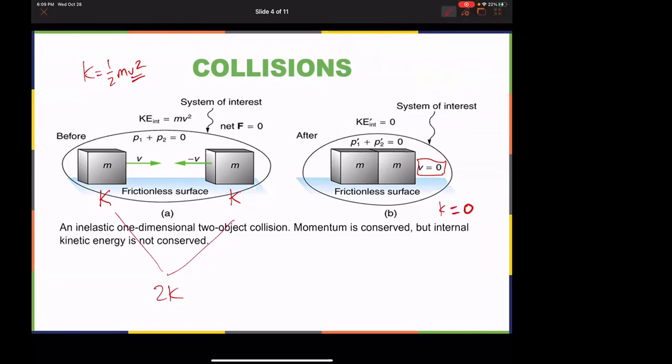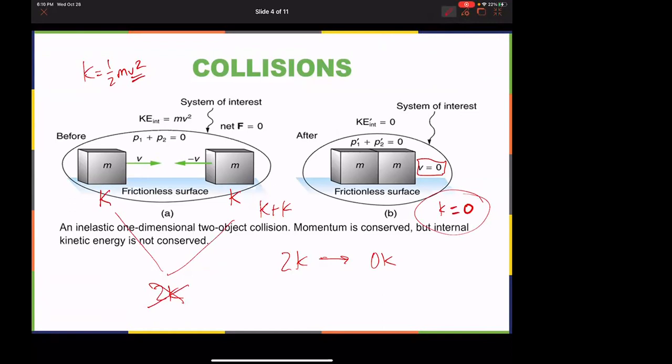So instead of having 2k, it's not k plus k, we now have 0k. Before the collision, we had 2k. After the collision, we have 0k. So kinetic energy was lost. In an inelastic collision, kinetic energy will be lost.